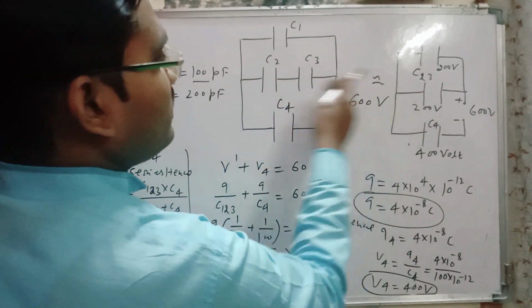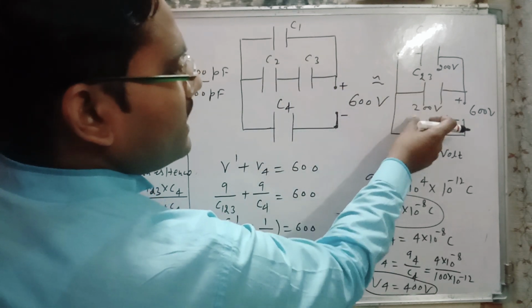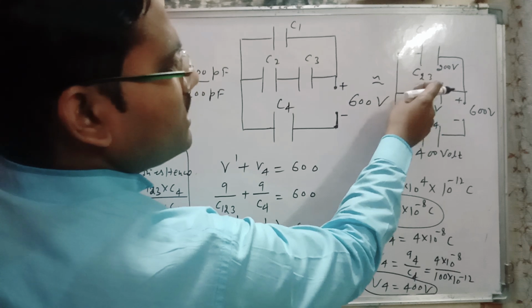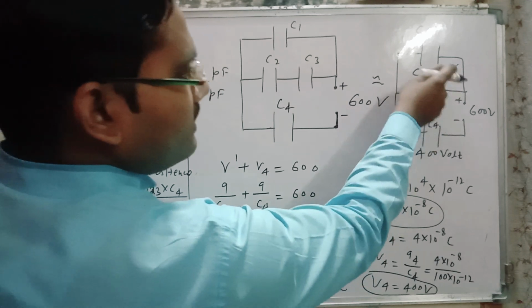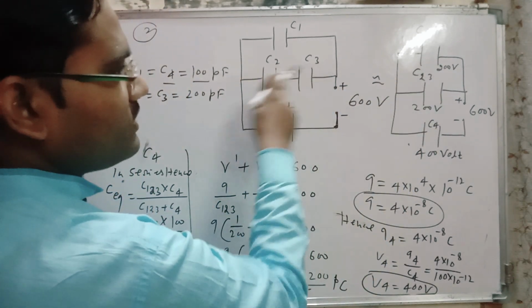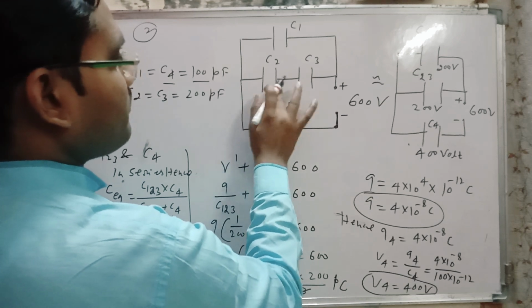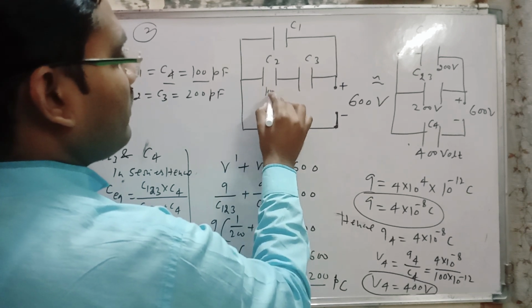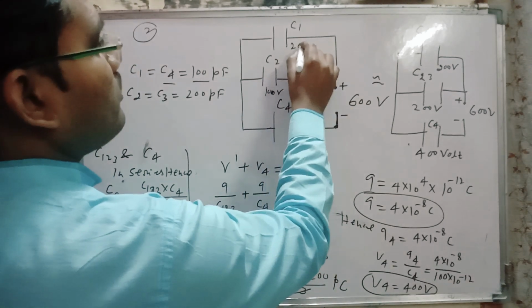Here combination of 2 and 3, C23, and the potential difference across C23 is 200, and in this combination there are two capacitors connected here. That means this has 100 volt, and this has 100 volt, and this has 200 volt.